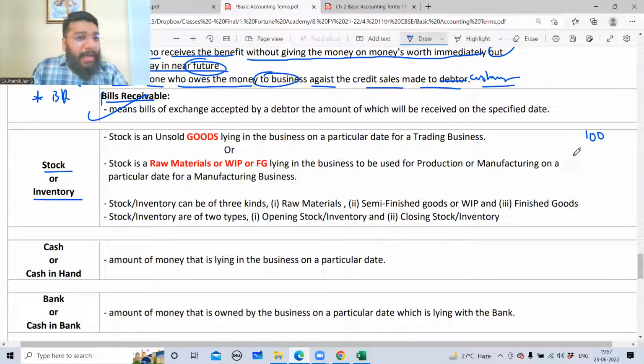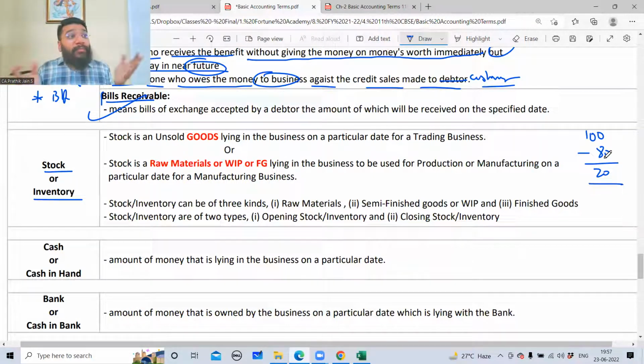Suppose out of 100 laptops, 80 are sold. Can I say the remaining is 20? I need to remember which 20 laptops they are, whether Dell, HP or Lenovo. If I don't note it down somewhere, there is every possibility that I'll forget it.